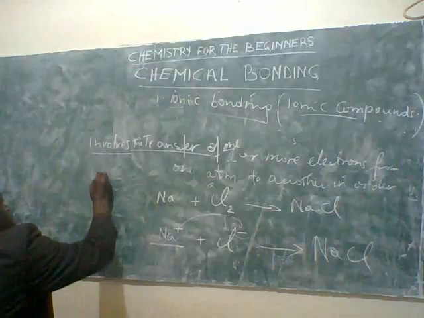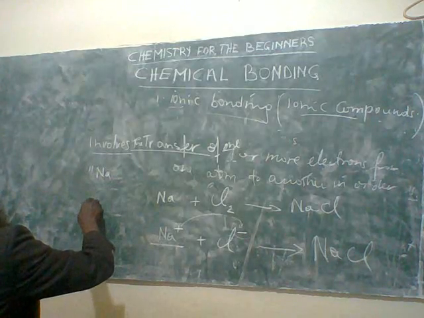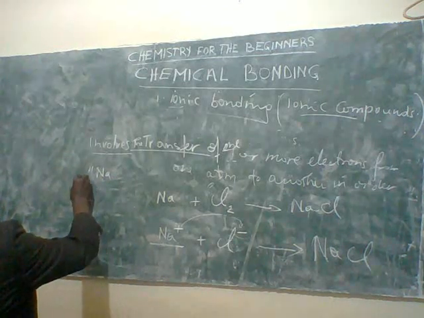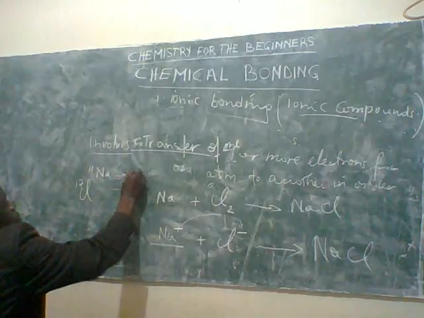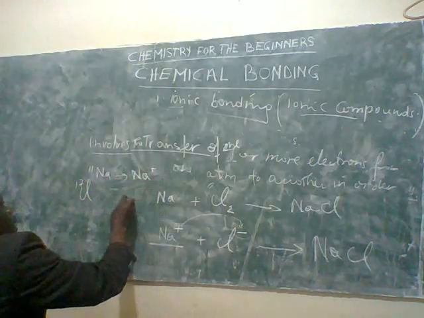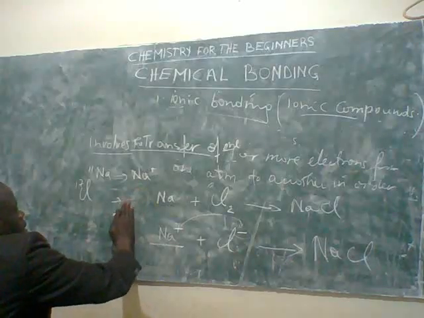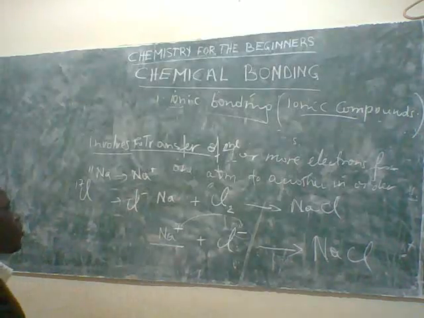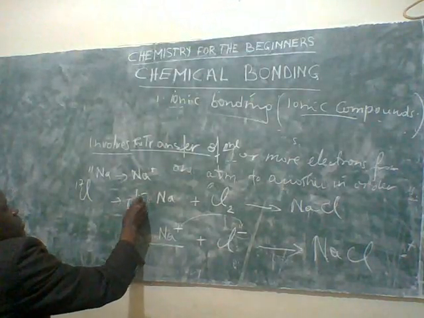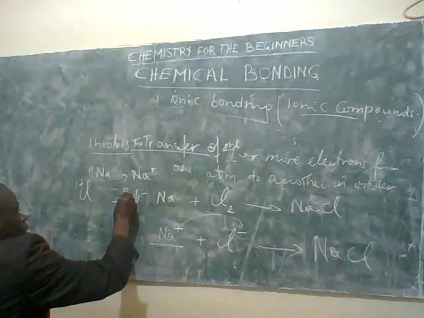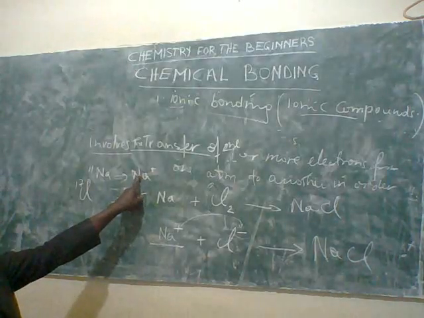Sodium was 11, it has atomic number 11, and chlorine is 17. If sodium becomes a sodium ion and this one becomes chloride, it means this one has been added to, this will be 18. It has been added by one electron, which came from sodium, for example.